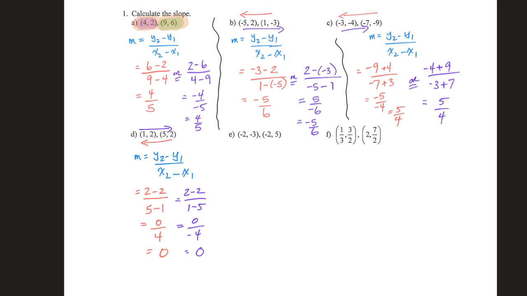I look at the next point, 9, 6. And I'm actually thinking in my head, okay, 4, 2 might be around there. 9, 6 might be up there. I say to myself, is that a horizontal line or a vertical line? Like I actually say to myself, are those points directly across from each other or directly above each other?